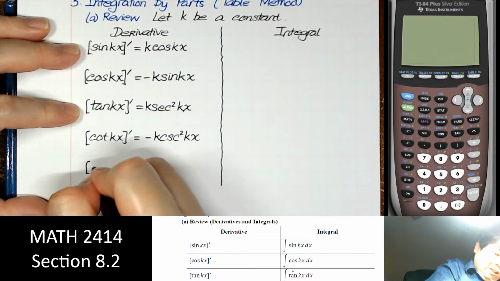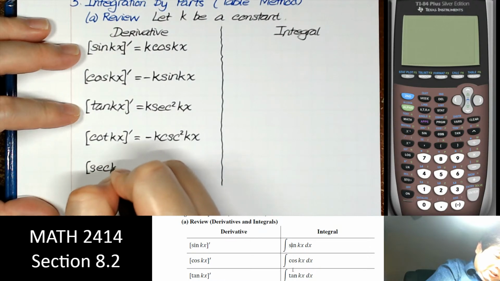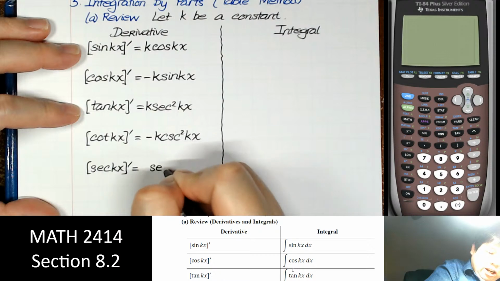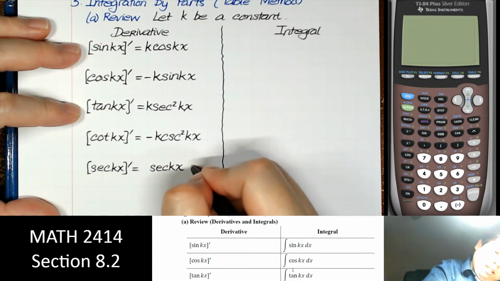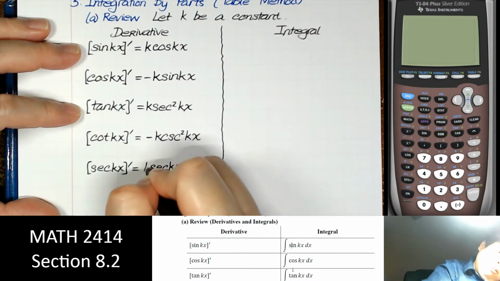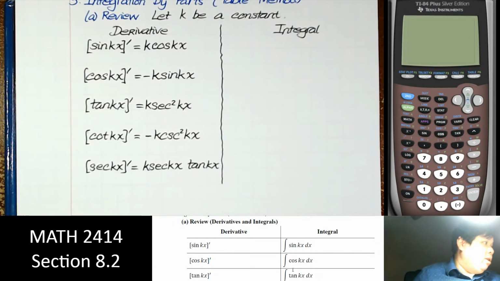Secant is secant x tangent x. This time we have kx, and then multiply that constant k in front.